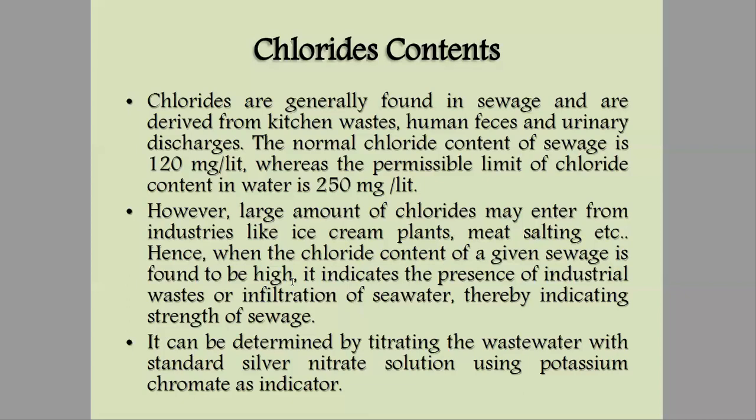So higher chloride content arises only when there is industrial wastewater discharge or infiltration of seawater, meaning mixing of seawater. It can be determined by titration of the wastewater with standard silver nitrate solution, AgNO3, using potassium chromate as indicator. Just keep this in mind.